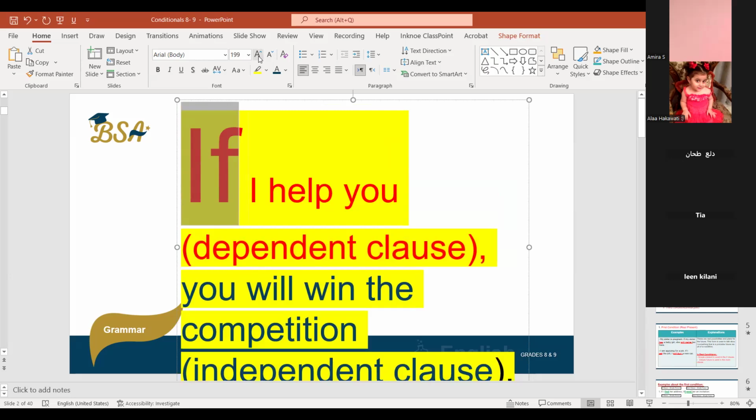If is the most important word. Very good. Why do I call it conditional? Maybe because it's made up of an if clause and a cause and result.